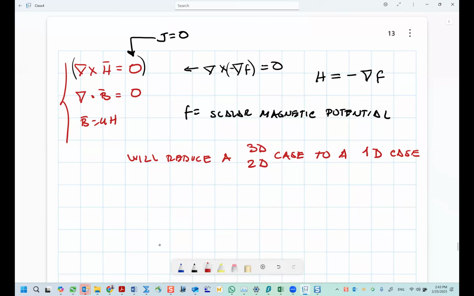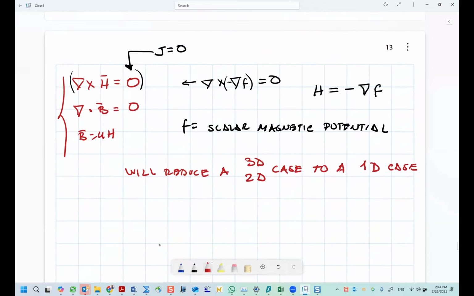You can solve this case by fields, or you can solve this case by scalar magnetic potential, which assumes that there is no current. So if you happen to have a problem like this, you can simply use the scalar magnetic potential.